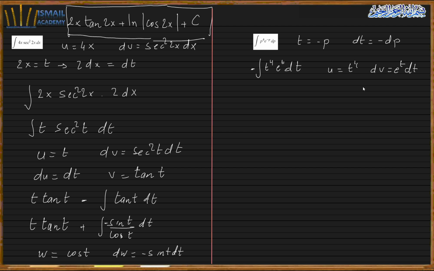So my answer at the end, this is only for that one, so I will have t to the 4 e to the t minus 4, then I multiply by this expression, which is t cubed e to the t minus 3 times the integral of t squared e to the t dt, and this will be my integral.